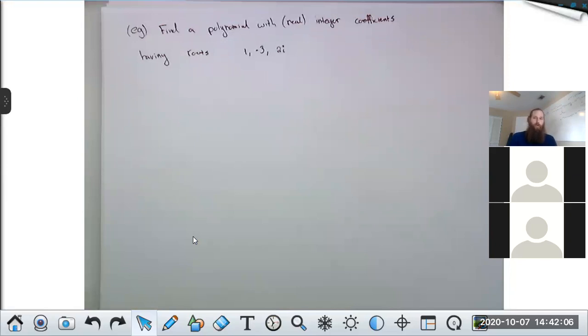Remember that every root corresponds to a factor, and every factor comes from a root.